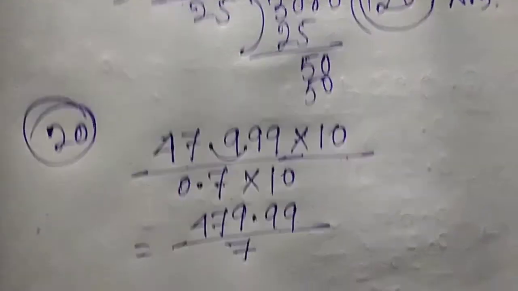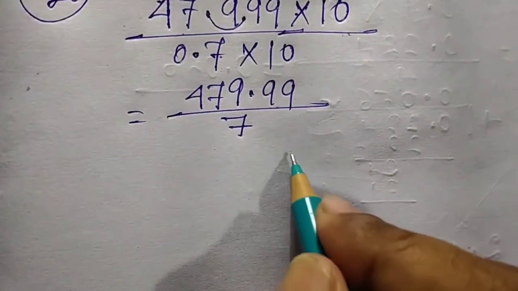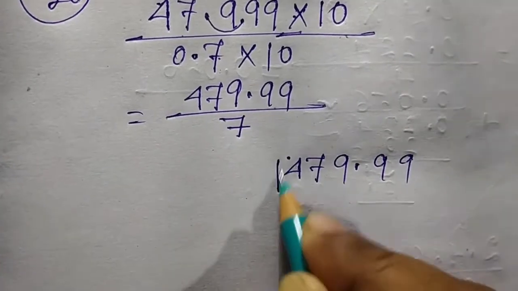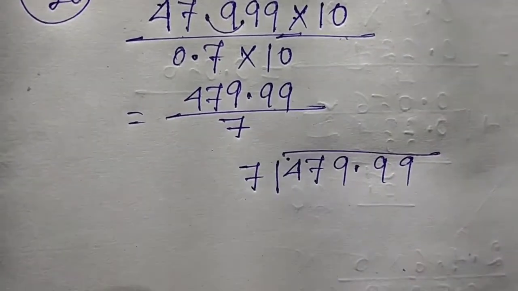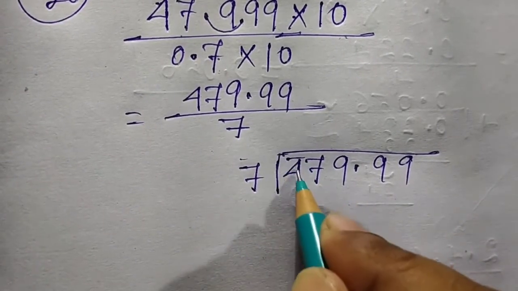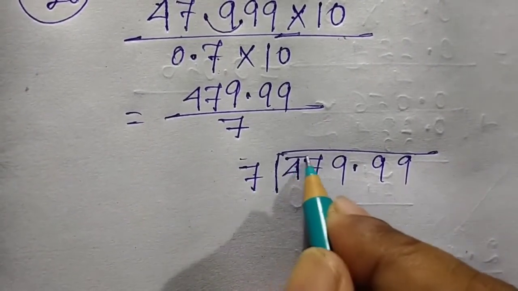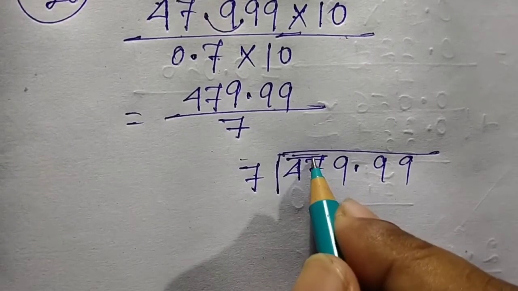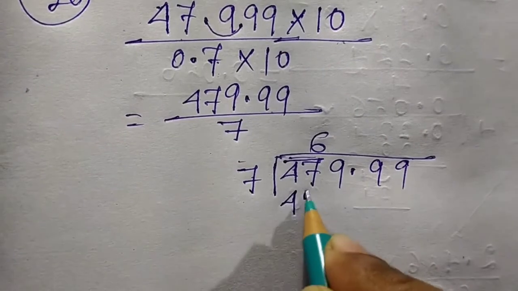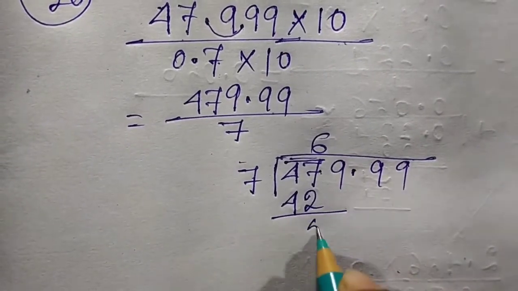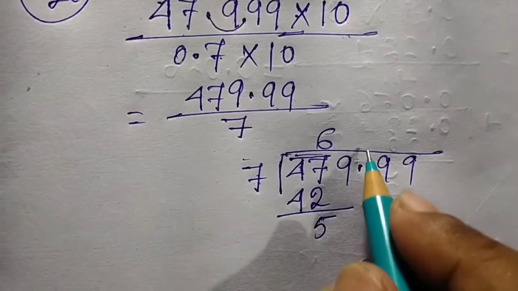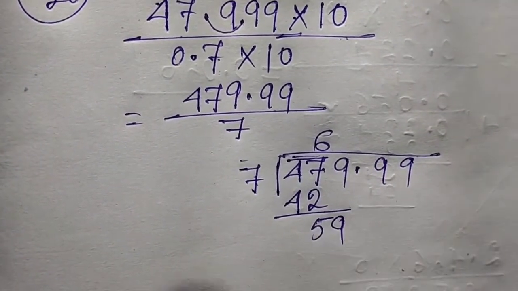47.999. Now try to divide. 47.999 divided by 7. Here is one digit, and 4 is less than 7, so you have to take 2 digits, 47. 7 6s are 42. Now subtract. Here 5 is a single digit and it's less than 7, so we have to bring down another digit, 59.